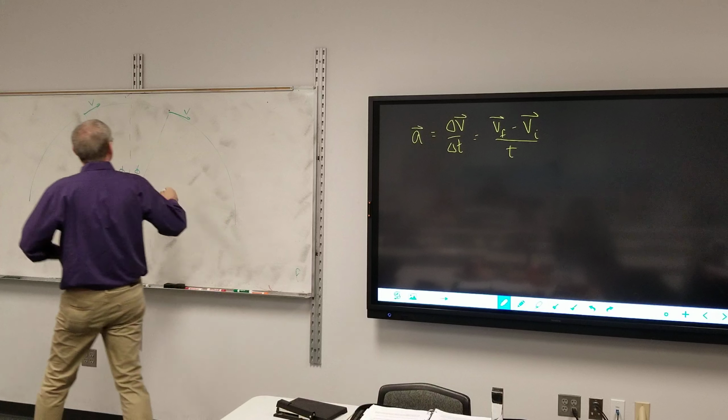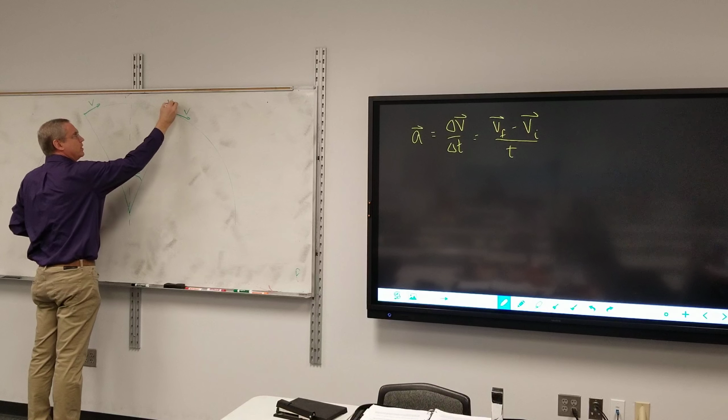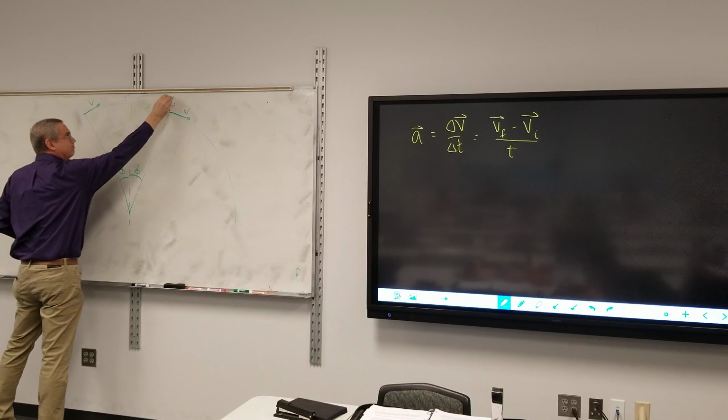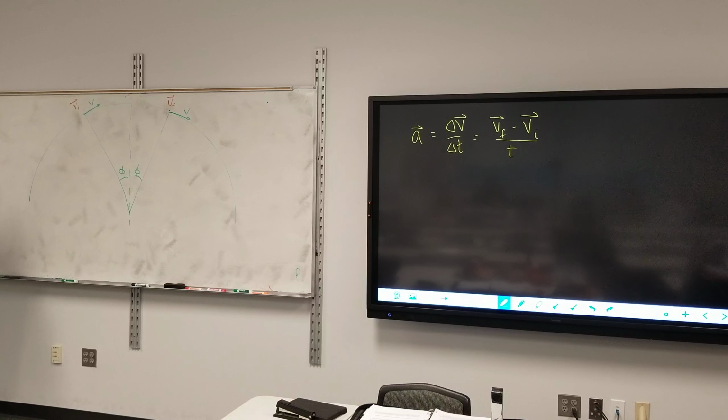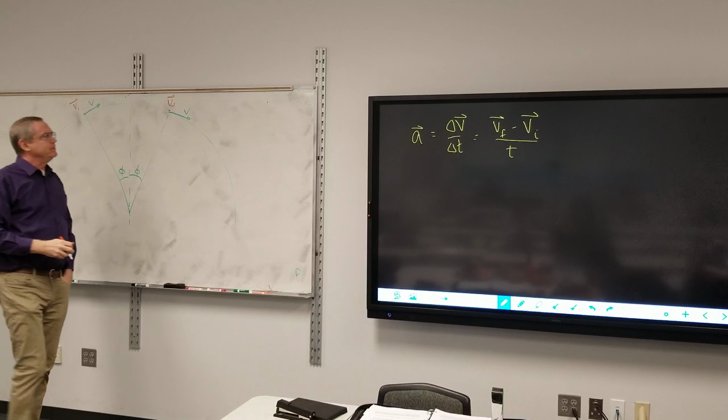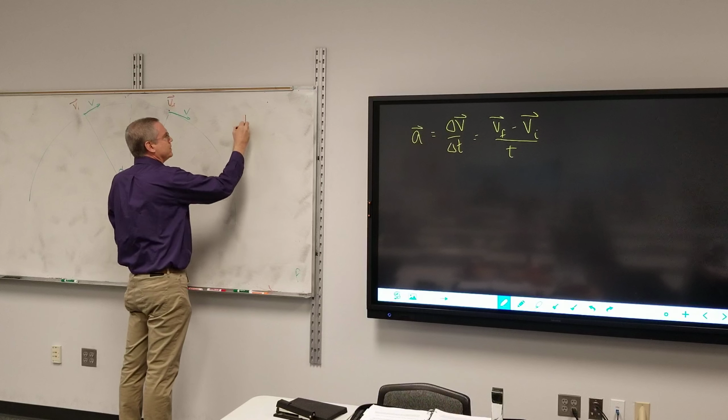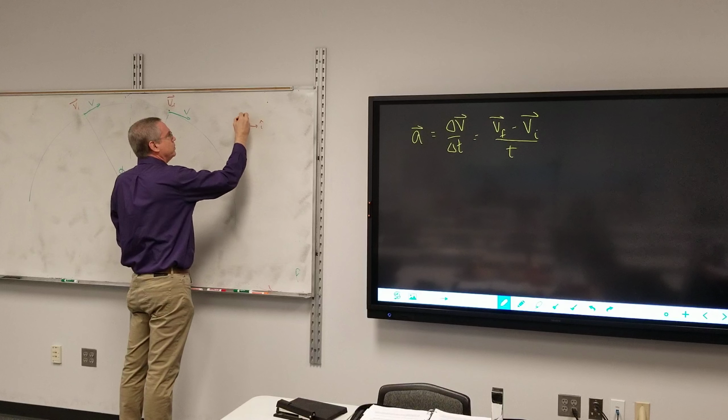So if I'm going to subtract these two, this is my final velocity here, and this is my initial velocity here. I need to somehow be able to add these, or actually subtract them, or add the negative. And it's probably simplest, at least in my head, if we break it down into horizontal and vertical components.